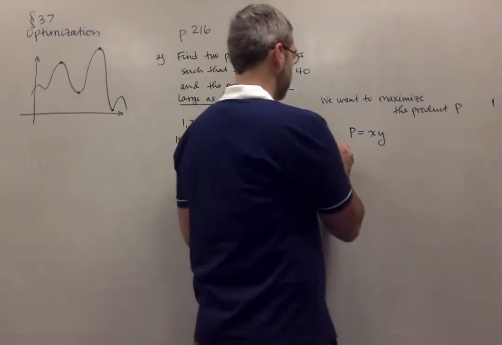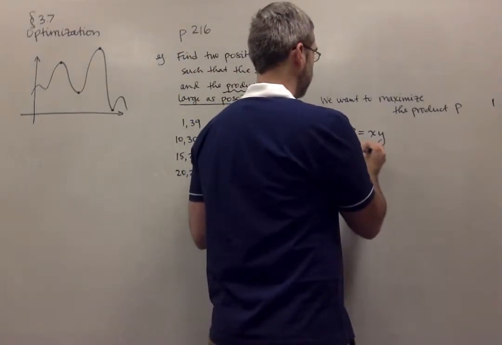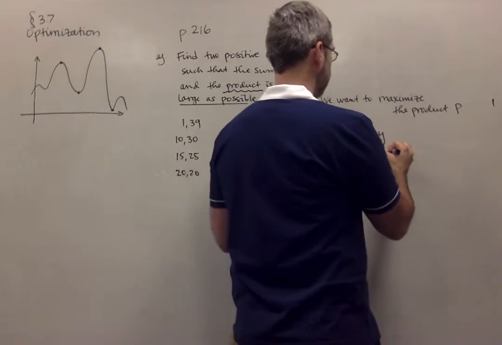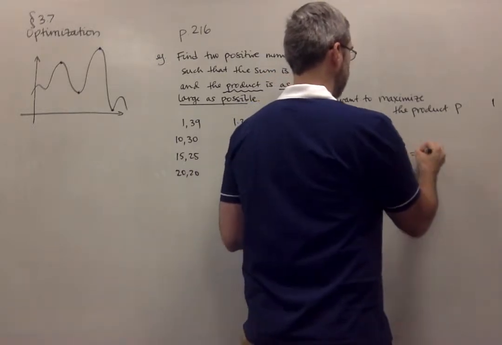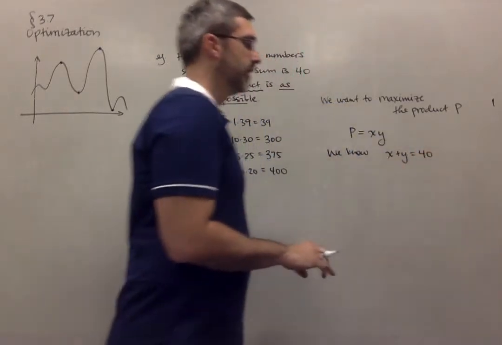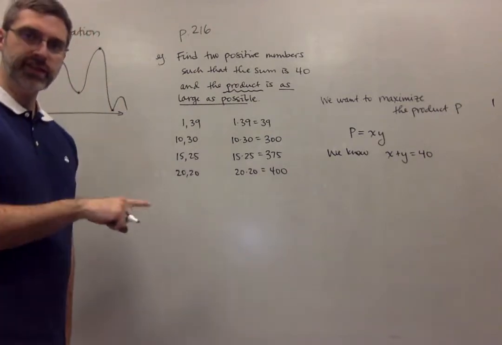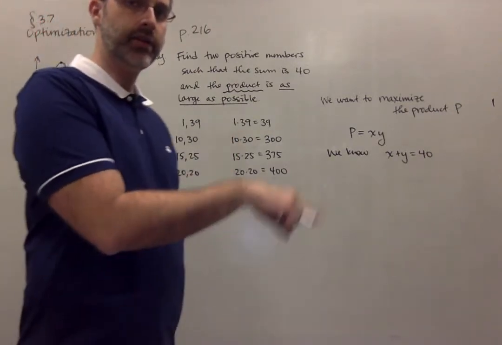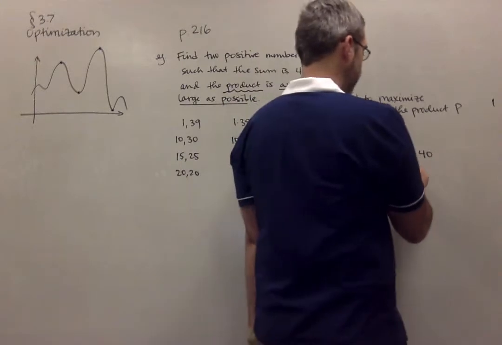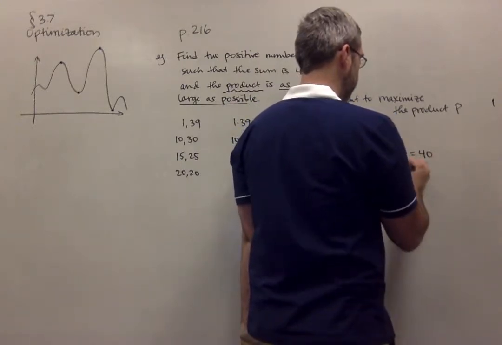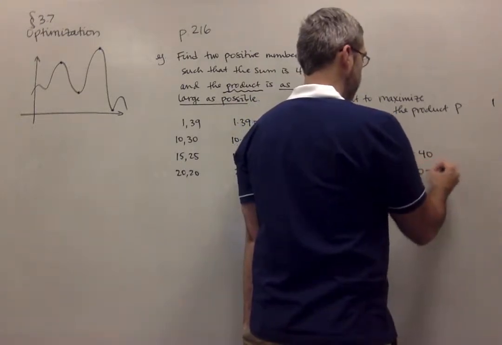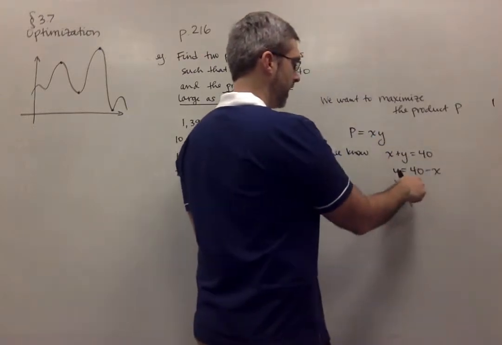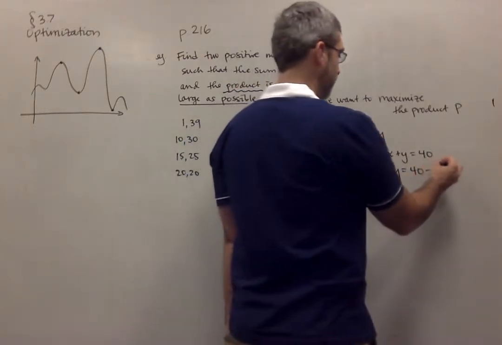So we have to use extra information that's given in the problem. We know from the problem that the sum, x plus y, is 40. So I'm going to use that information to eliminate one of these variables. I'm going to solve for one of the variables. If I put the x on the other side, y is 40 minus x.